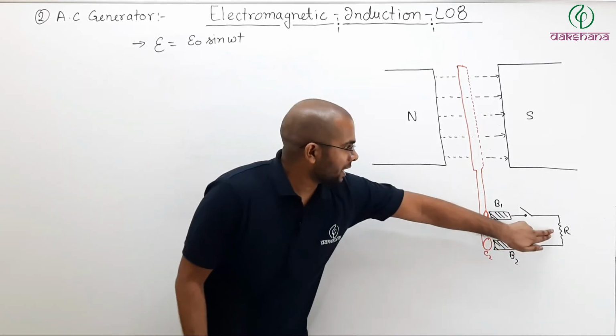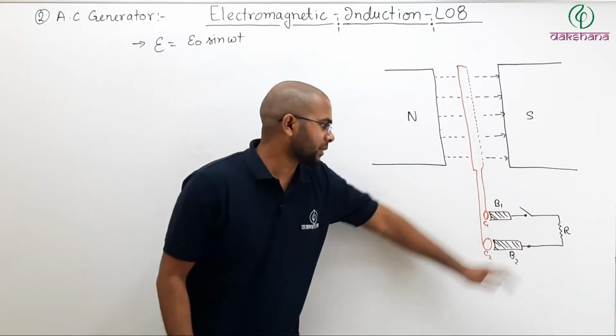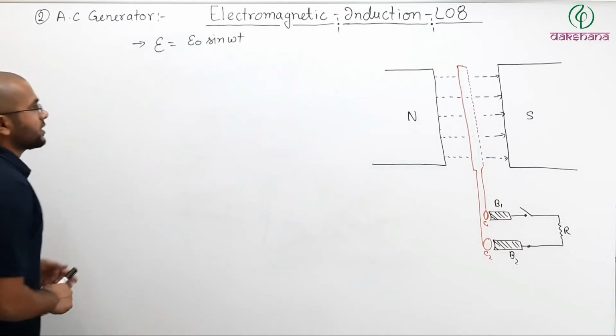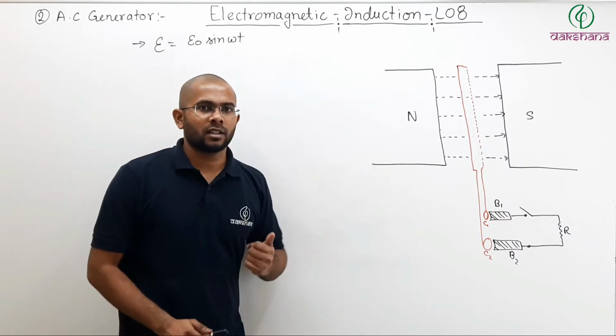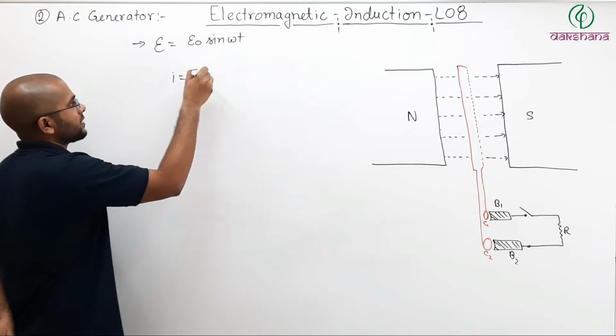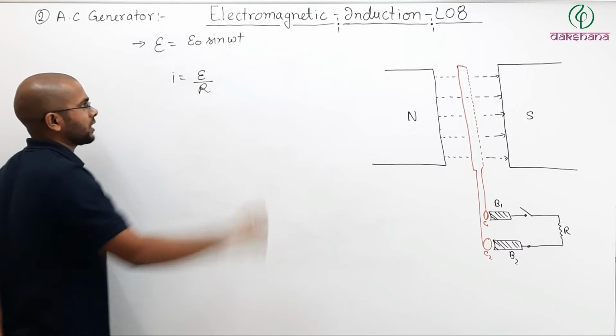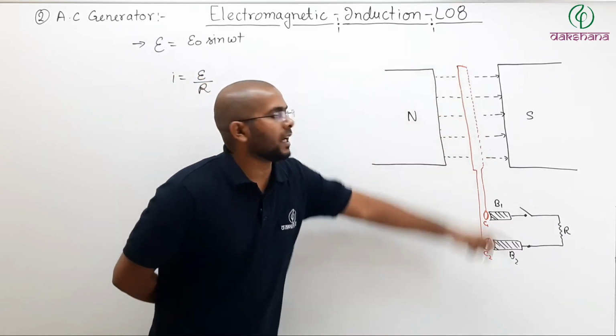Now here we have an external resistance R connected across the terminals, which are brush B1 and B2. So if in a circuit the EMF generated is this and the external resistance is R, then in order to find the current, I is nothing but EMF divided by external resistance R. Here we are assuming that this coil has no resistance.